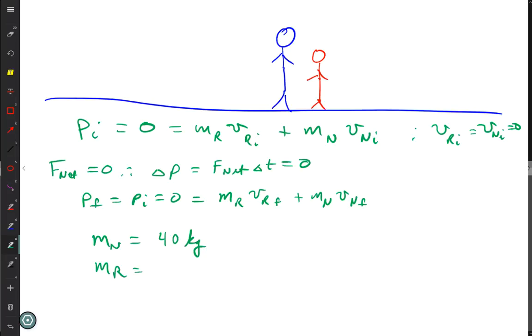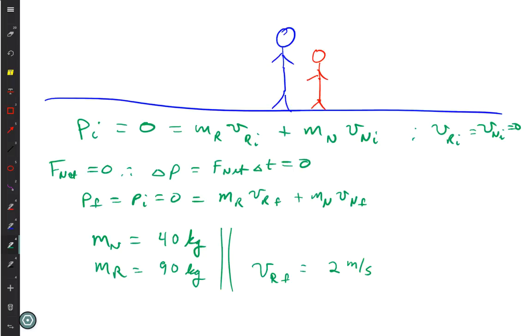It was probably around 90 kilograms. I'm trying to be honest. And so if we take these, let's suppose that the speed of Richard final is equal to 2 meters per second. What's the speed of Naoko final going to be?